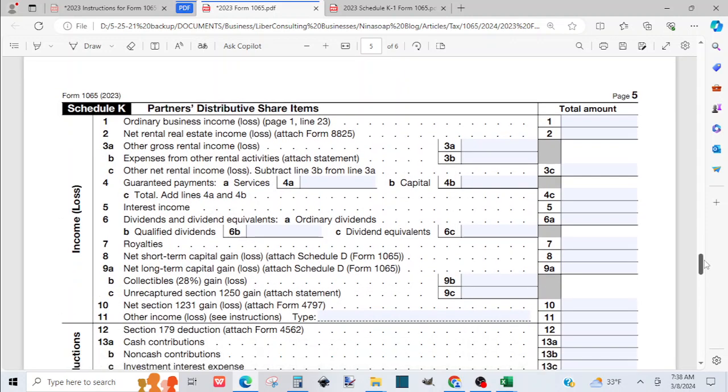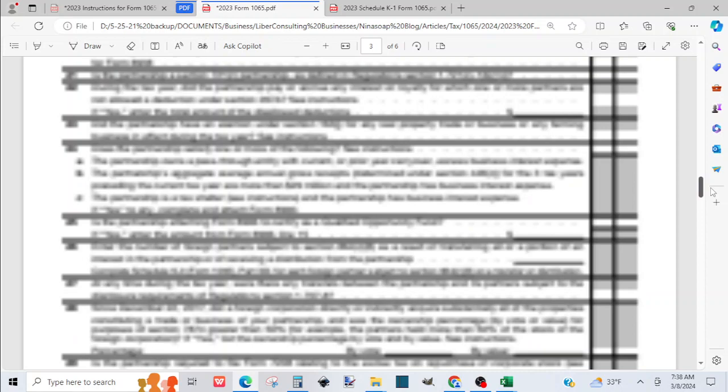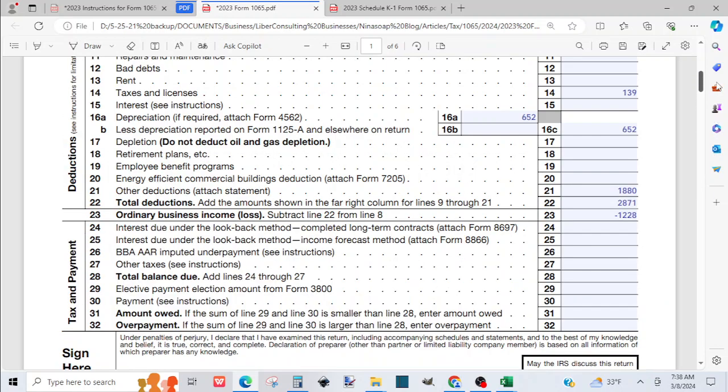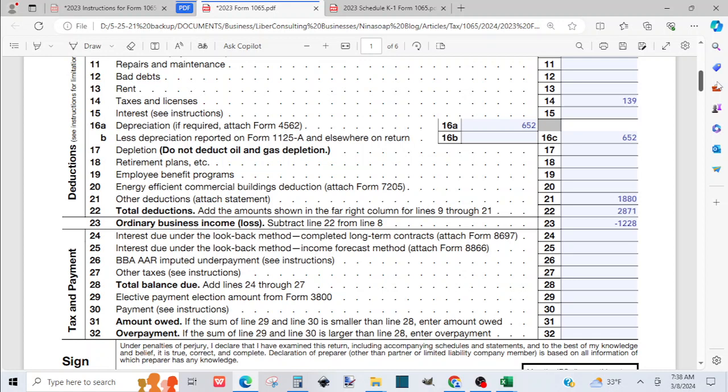So how do you complete Schedule K, Form 1065? Line 1, ordinary business income loss from page 1. We'll go to page 1, line 23, and I believe it is negative 1228.